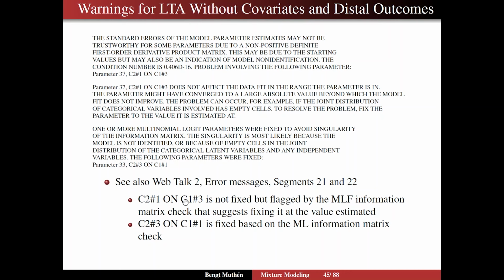The first error message is not fixed by Mplus, but flagged by the so-called MLF information matrix check, the top message, suggesting that you might fix it at the value estimated or just ignore it. It can't be estimated. The other one is fixed based on the ML information check.